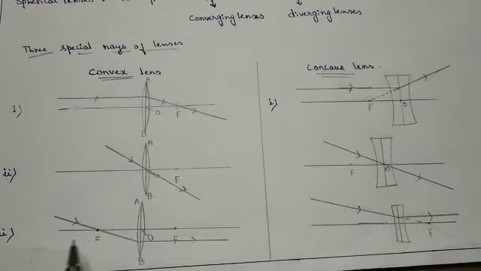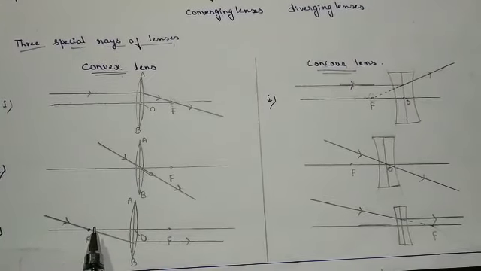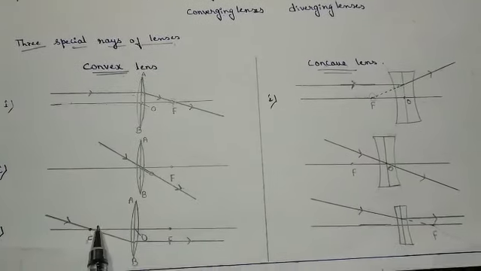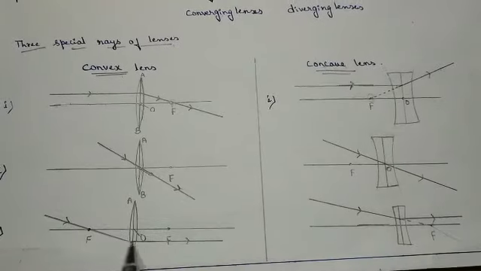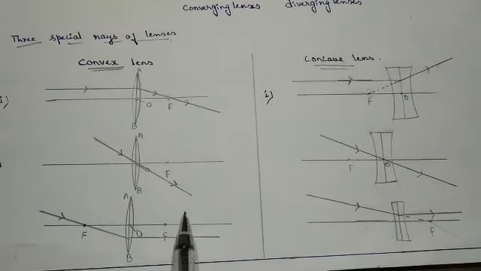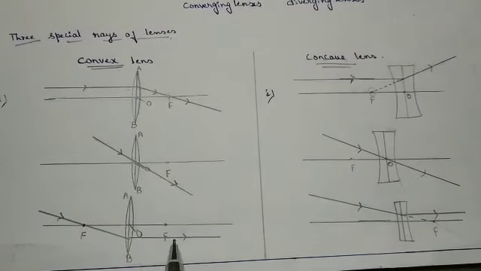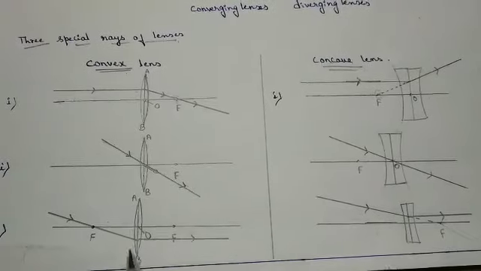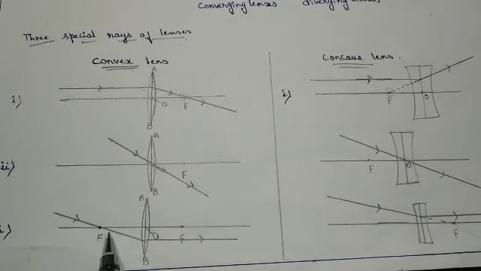Now the third rule. An incident ray passing through the first principal focus of the lens or directed towards it becomes parallel to the principal axis after refraction from the lens. This is for convex lens. You can see the incident ray is directly allowed to fall through the focus.